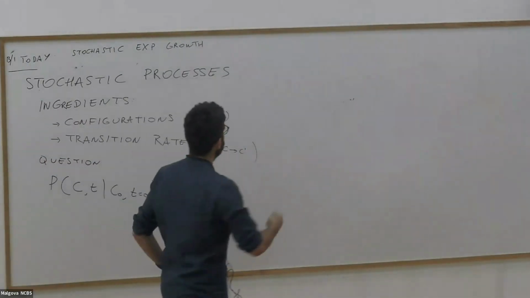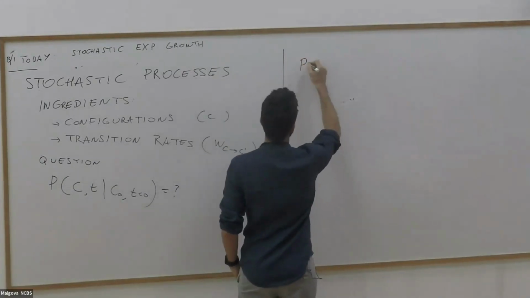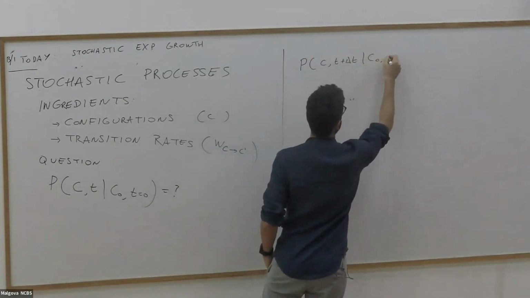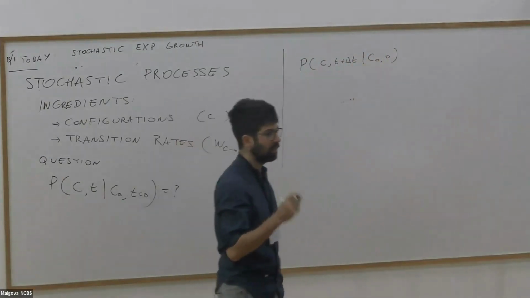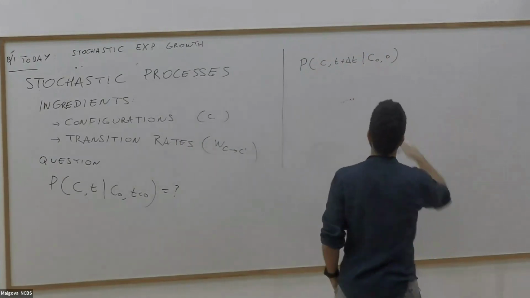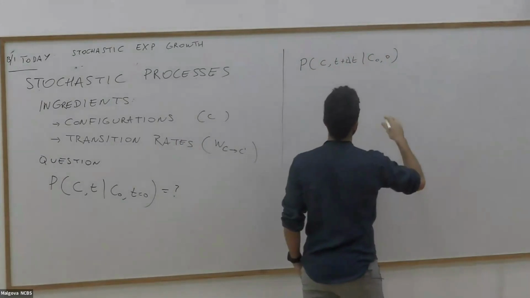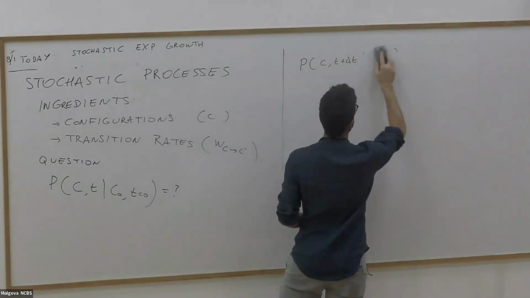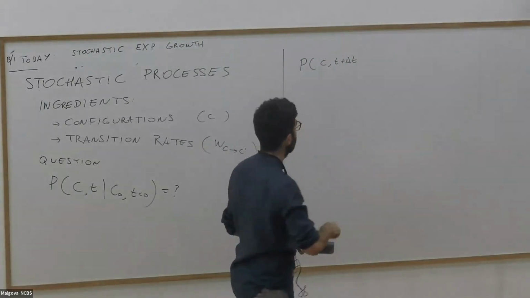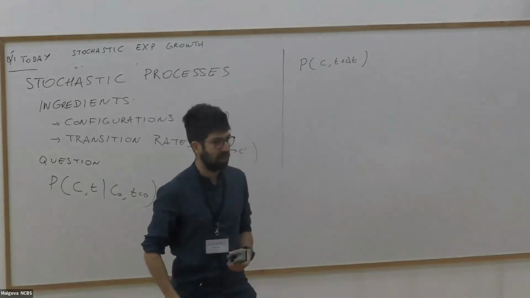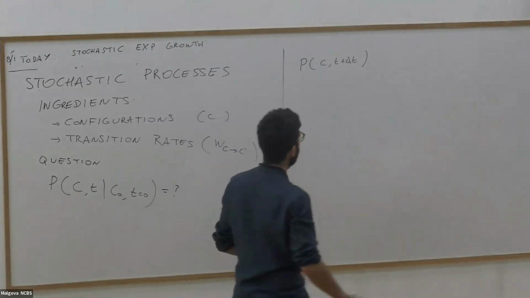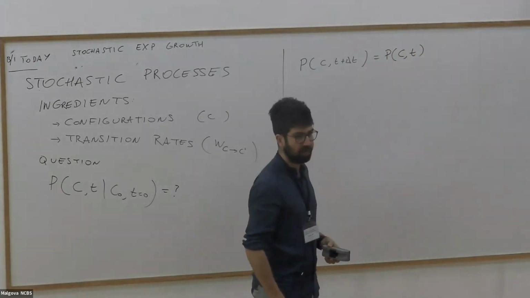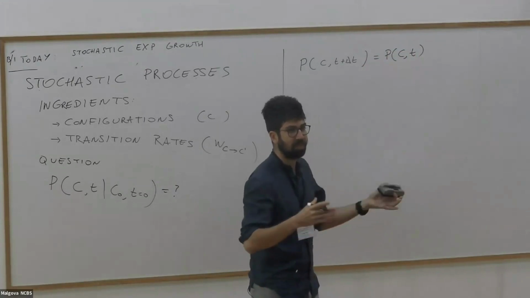The way to write this equation is to ask, what is the probability of being in a configuration C at a time t plus delta t, starting with the initial condition? For simplicity, I'll drop this dependency and say that it is implicit in my probability. So what is the probability of being in configuration C at time t plus delta t? Well, it will be the probability of being in C at time t, plus the possible changes.